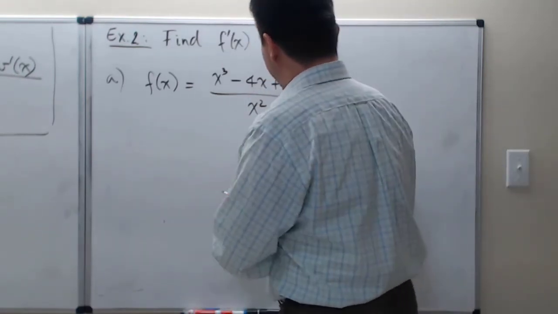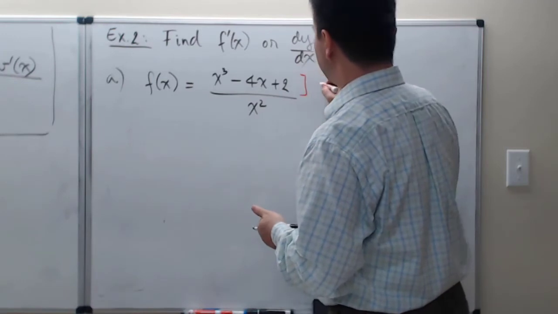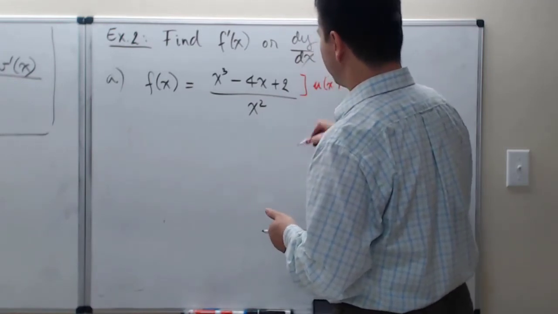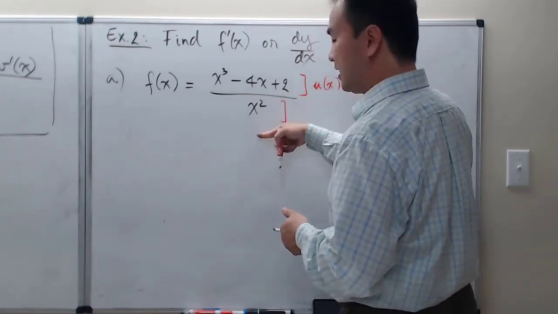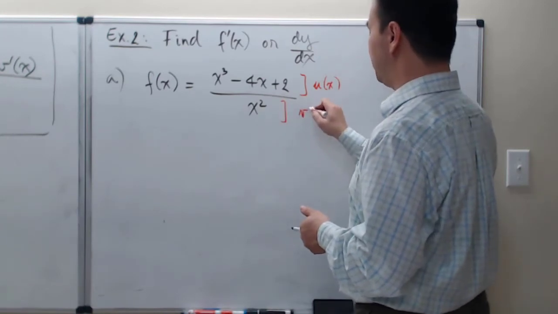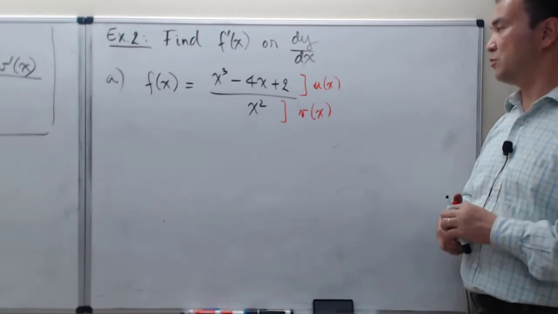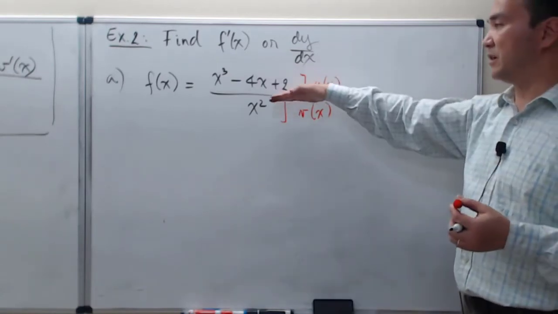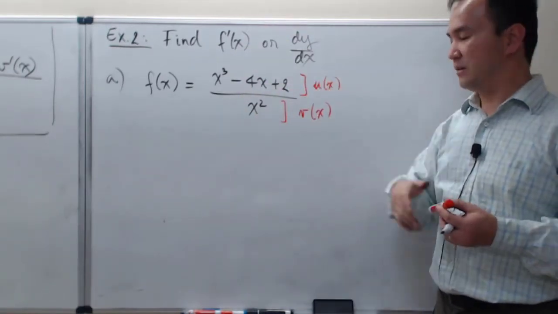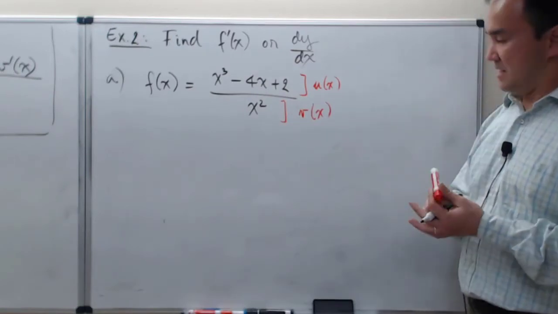Now I am going to see this numerator as my u of x right here, and this bottom, the denominator, is my v of x. And so what we have here is u over v.